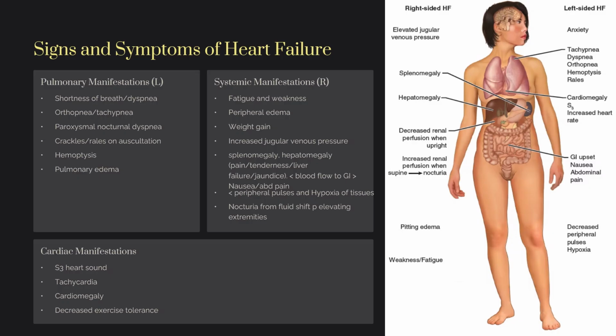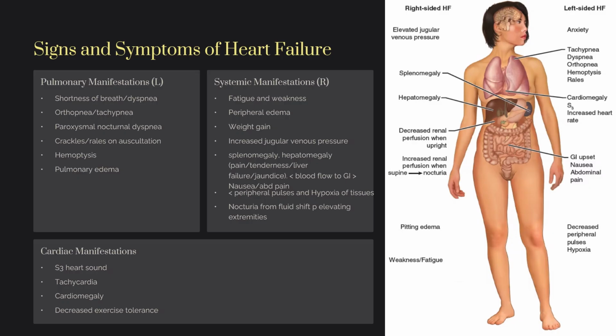So for left-sided heart failure, you're going to see pulmonary manifestations. So they might be short of breath. A common thing that people talk about is a tripod position. You might see them leaning over on a bed rail just trying to breathe. They may have orthopnea, where if they're lying down they can't breathe, but if they sit up they can breathe better.